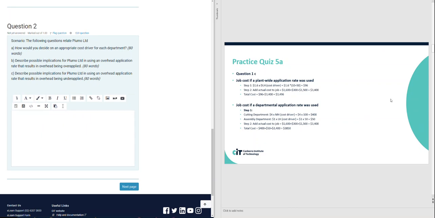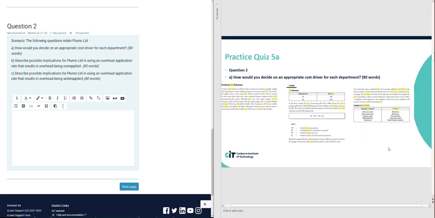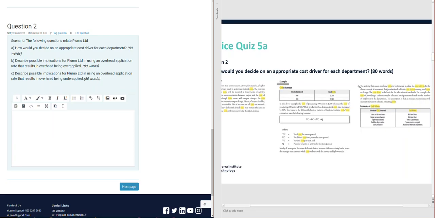Okay, then let's look at question 2. Question 2 asked, how would you decide on the appropriate cost driver? I'll leave that to you to have a look at the slides yourself, but in particular, the cost driver is generally the activity that drives the cost pattern, the cost behavior. As shown on the screen here, the activity that causes overhead to be incurred is called the cost driver.